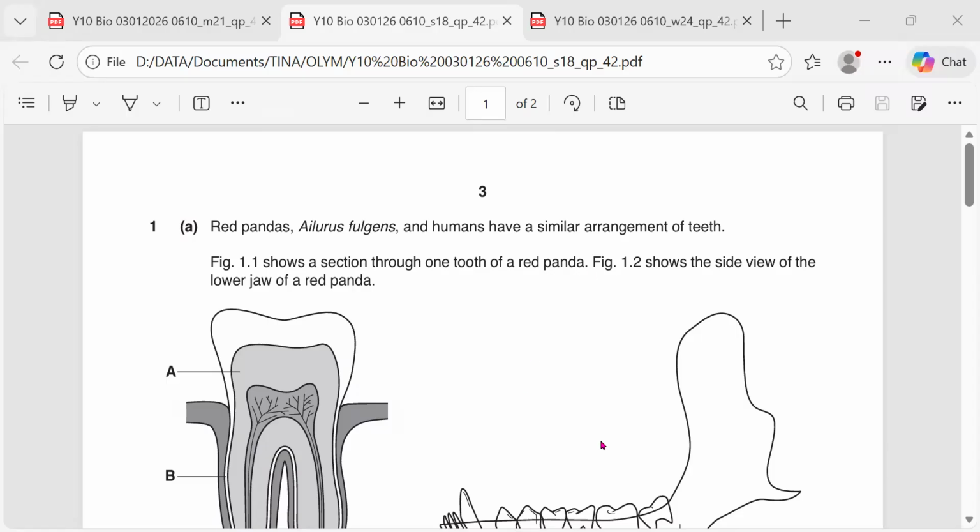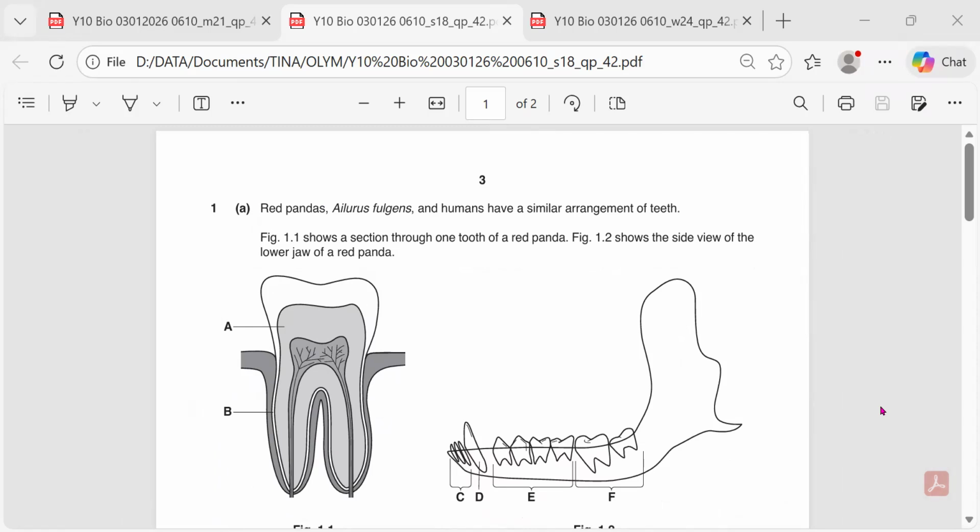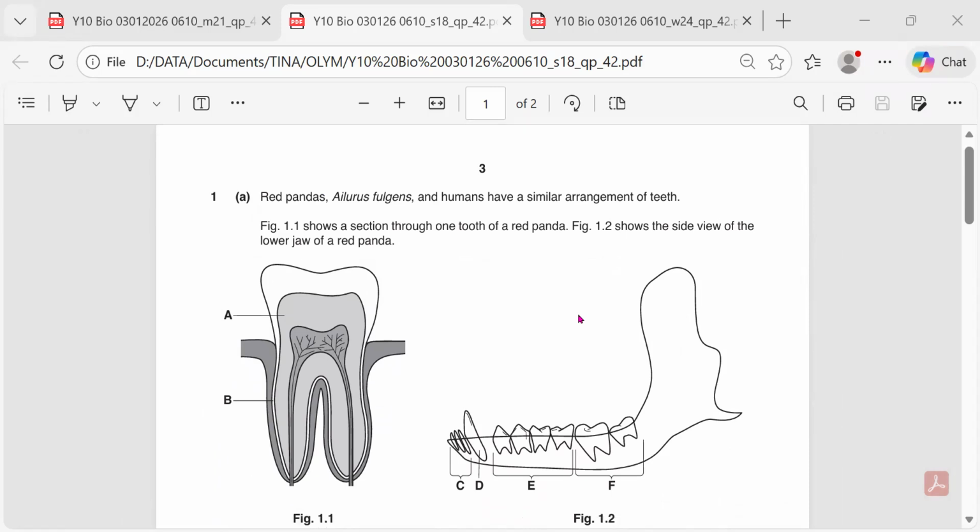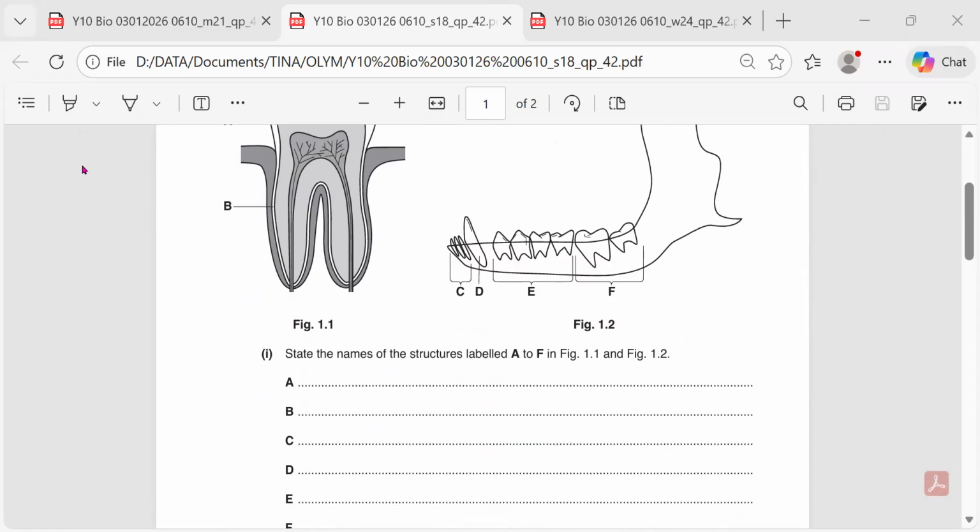Red pandas, Ailurus fulgens, and humans have a similar arrangement. Remember that in human teeth, the first two front teeth are called incisors.